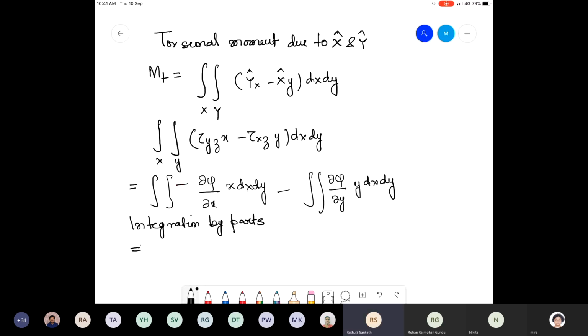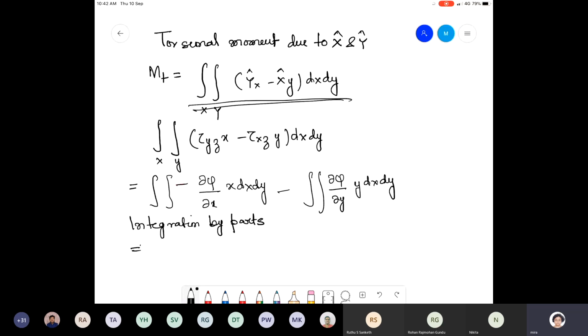Ma'am, how did you get this equation, the first one? This one? Yes, ma'am. So see, what do I have on the top and bottom surfaces? I have x hat and I have y hat. They are trying to create a moment about the z axis. So the moment is y hat into x.